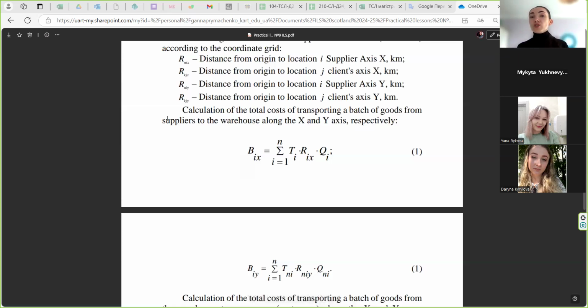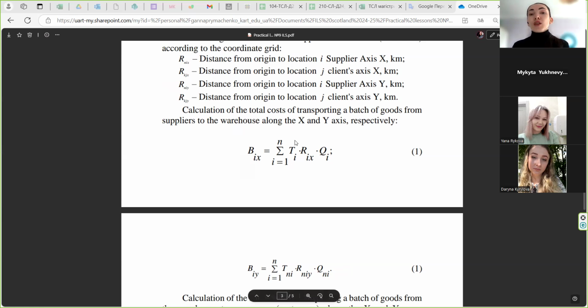So we need to find it by axis X. So it's equal to, and we need to multiply three parameters for every supplier. We have three suppliers, 1, 2, 3. So we need to find these three products and find the total sum of each.